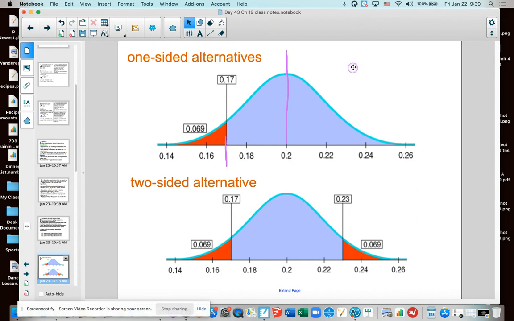The whole idea is that if this really is the truth, and then you do a sample, how unlikely is it to get the sample that you got just from randomness alone? Because remember, we're assuming this to be true to begin with, and we're going to take a sample from that population and get some result.